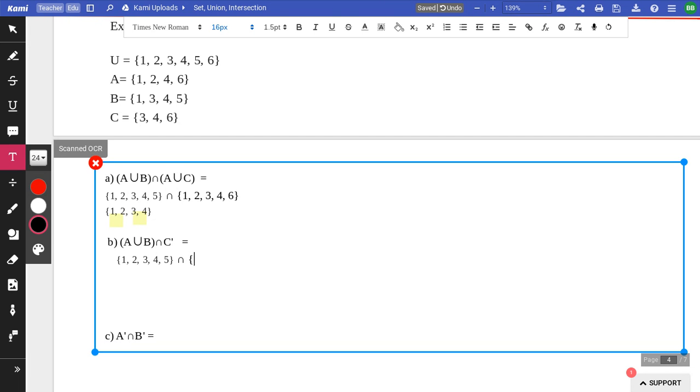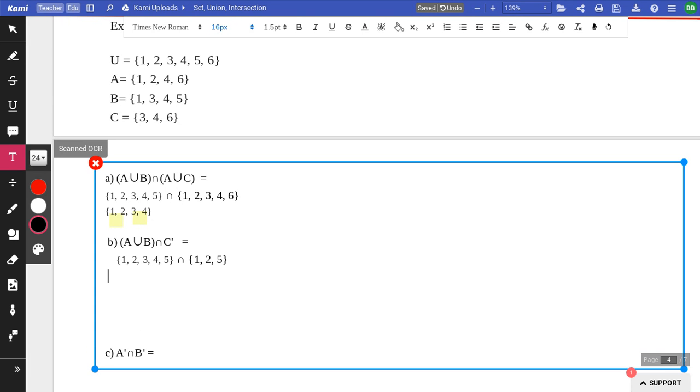So every element that's not in C. So 1 is not in C. 2 is not in C. 5 is not in C. In the last step, is what's in common with both of these sets. 1 is in common, and 2 is in common, and 5 is in common.